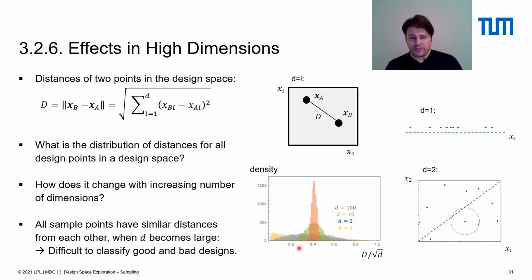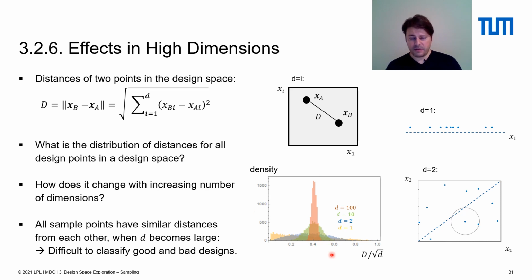When you increase dimensions even further, so if you go, for example, to 10 dimensions, distances will become more concentrated, here at about 0.4. And when you increase dimensions even further, then this peak will become sharper and sharper.